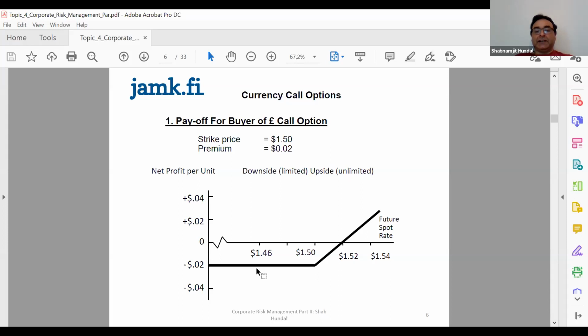So on the left side, on the horizontal line, it's OTM, out of the money. At the angular point, it's ATM, at the money. And on the rising section, it's called ITM, in the money option. Okay. So we go further.